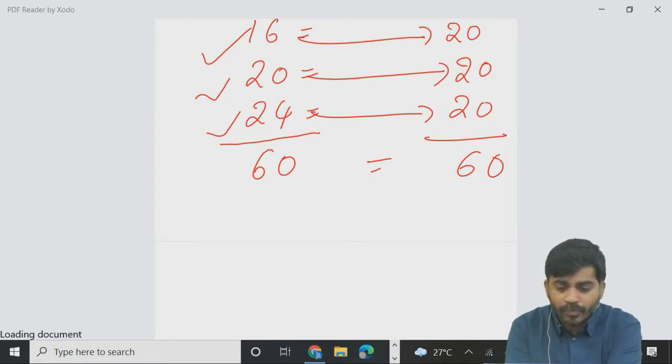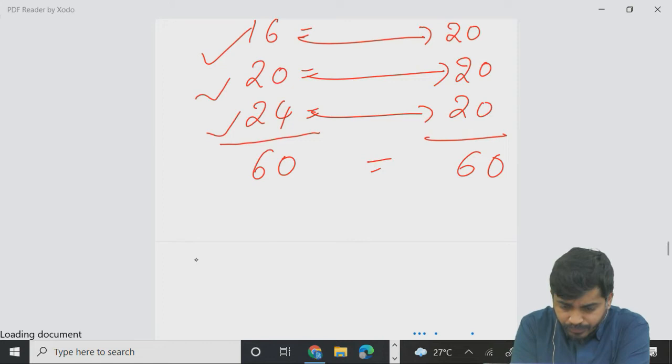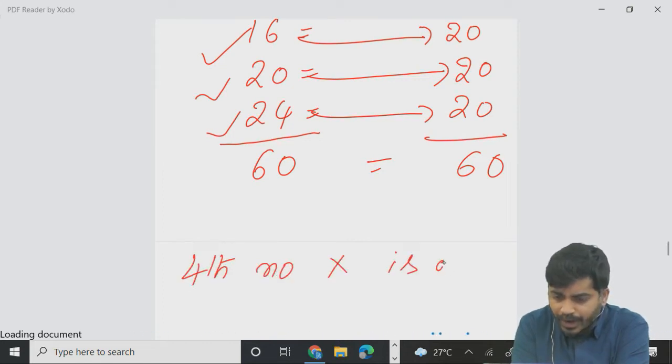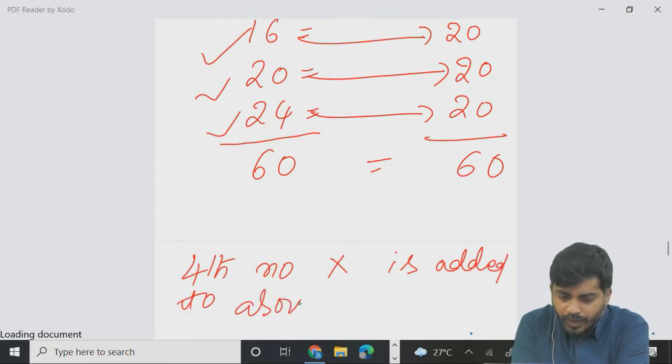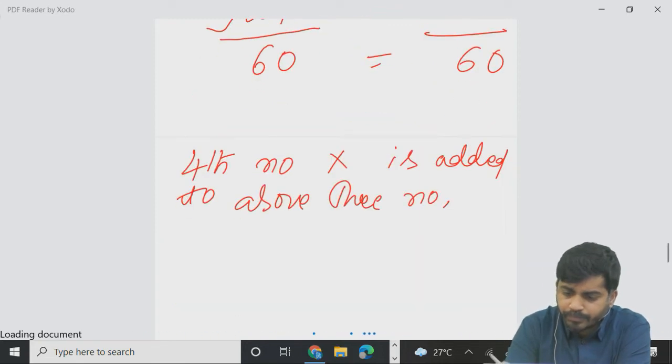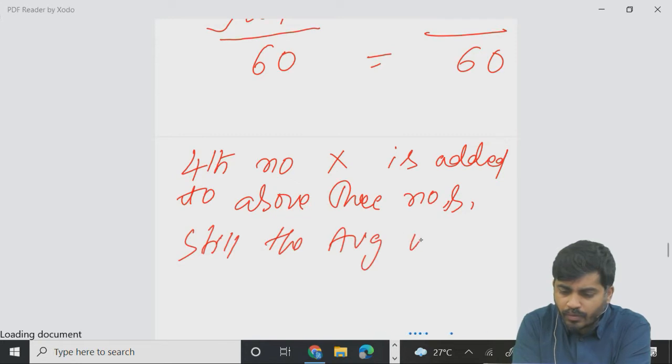Now I'll ask one question. A fourth number x is added to the above three numbers. Still the average won't change.